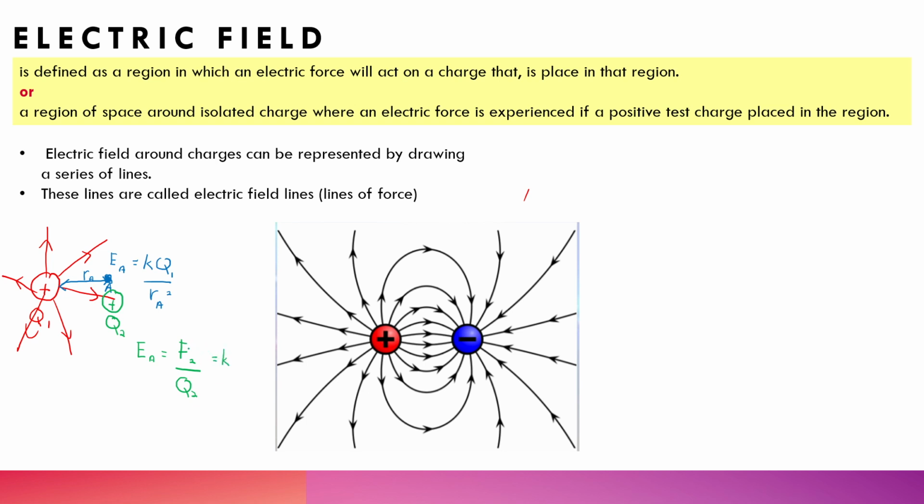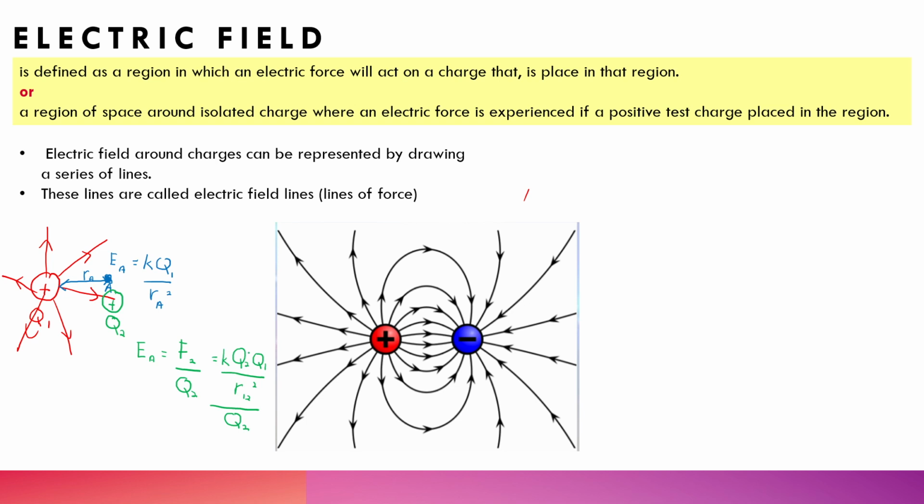So the electric force on point 2 must be due to the first charge. And the equation should be Q2 Q1 over R12 squared over Q2.